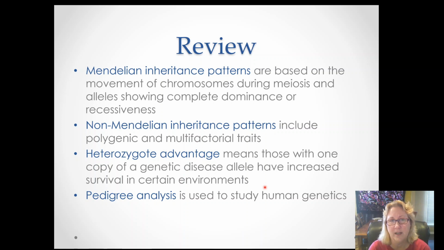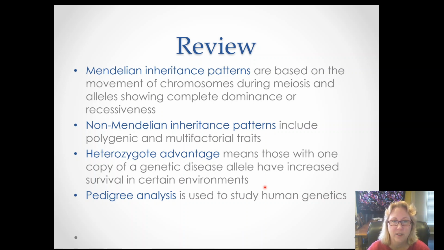Things that are called Mendelian traits have complete dominance and recessiveness. Non-Mendelian traits would be things that are polygenic, like height and IQ, and multifactorial traits that also have environmental components to their phenotype.